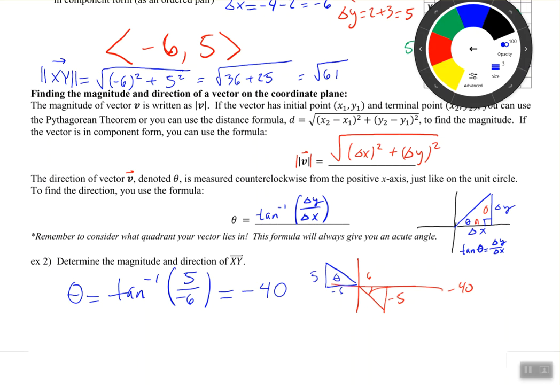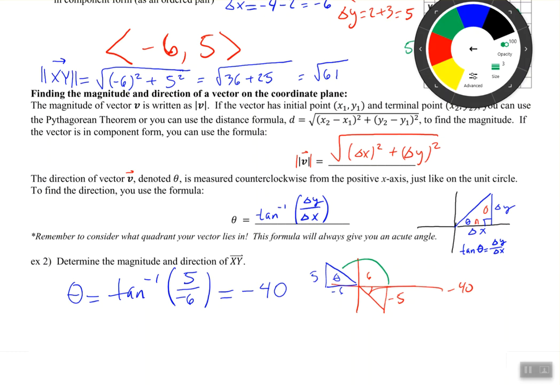So remember, what did they say? We're supposed to go positive from the x-axis. So remember how we did the whole unit circle thing? If I want to find this angle, and I know how far it is from 180, do I just subtract it from 180? Because what angle am I looking for? I'm really looking for this angle. Is that the angle I'm trying to find? Because remember, it's based on the unit circle. It's just like the unit circle.